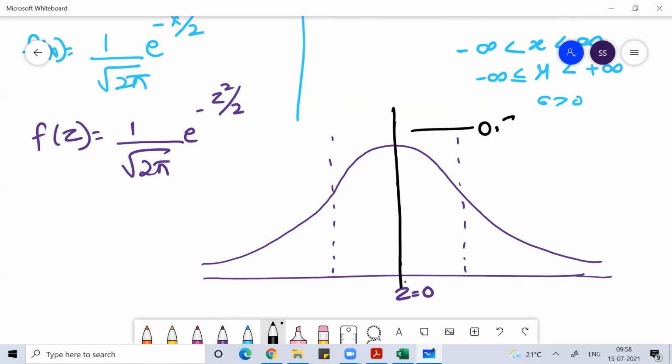Remember, 50% of the area will lie on the right hand side of z, and 50% of the area will lie on the left hand side.